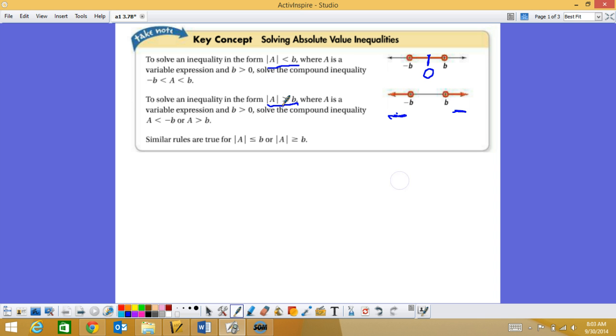And if the absolute value is greater than a value, that means its distance is greater, so therefore it would be farther away from zero than that given number. So we're going to use that idea of distance in order to solve some of these inequalities.